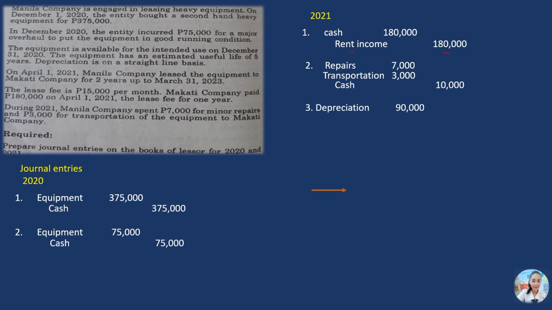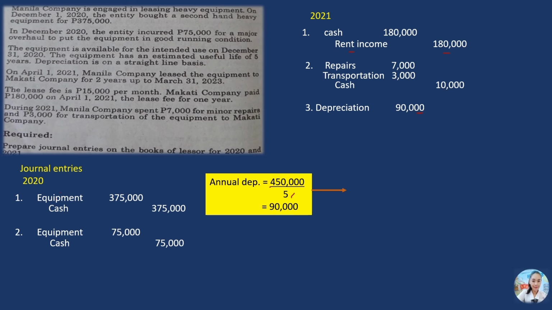Next is the depreciation. We have to use the straight line basis for depreciation. The depreciation is 90,000. Here, the cost of the equipment is 450,000, divided by the useful life of 5 years.